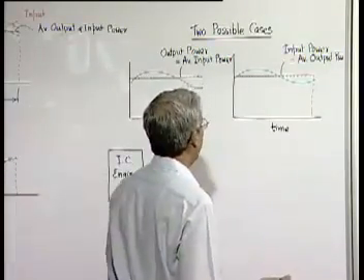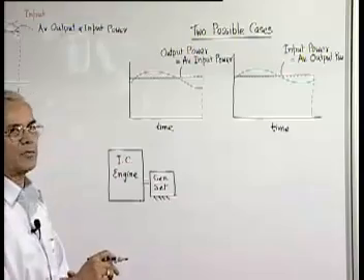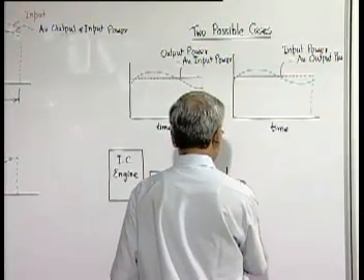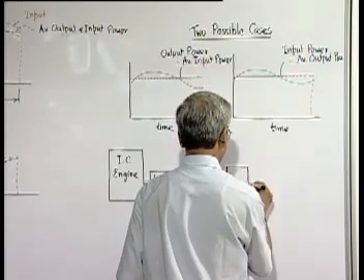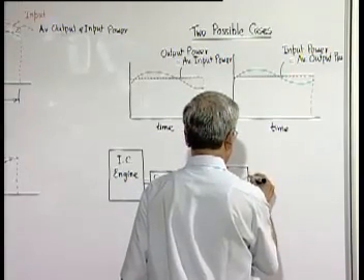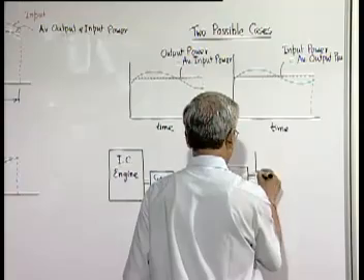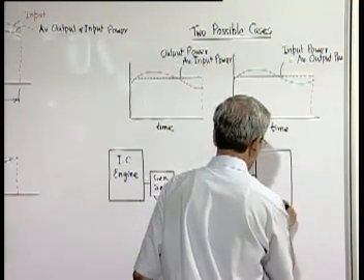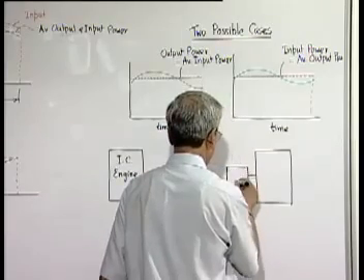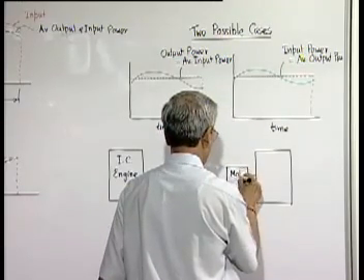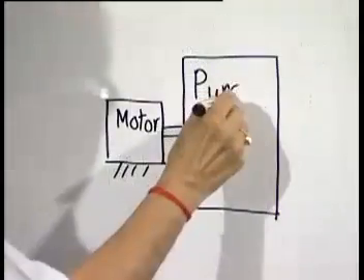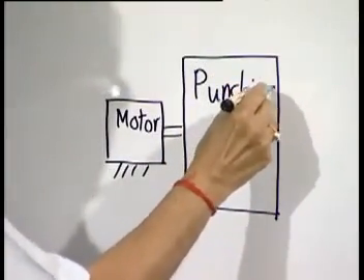Here, on the other hand, if you take up a case where a motor is driving a punching machine, for example, a die punch machine.